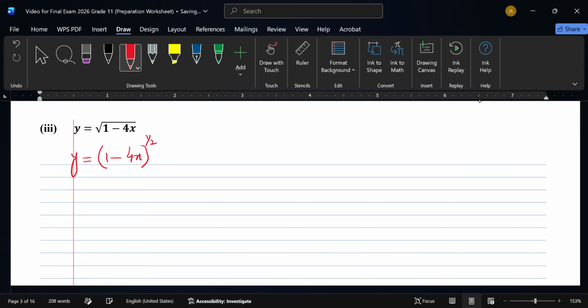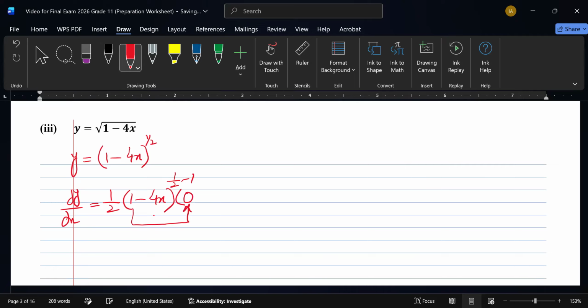Rules are same. Means we cannot open the bracket. We do not open the bracket. First things first, bring down this power and do not change the bracket at all. Then subtract 1 from the power, which is half minus 1. Then differentiate whatever we have inside the bracket. As we differentiate the first term, which is 1, it's a constant, becomes 0.